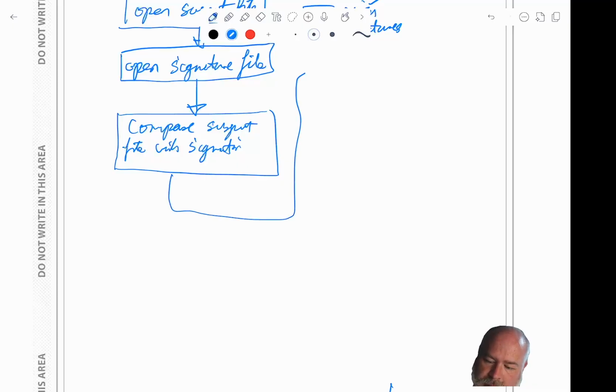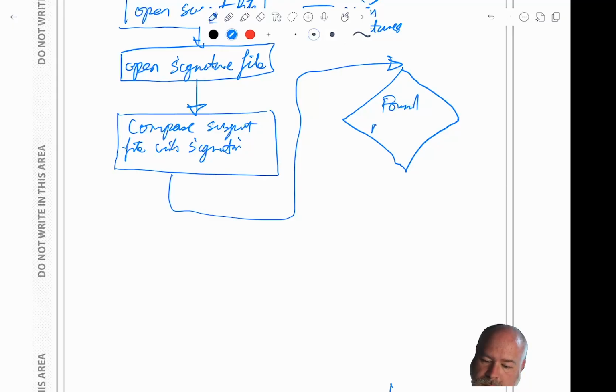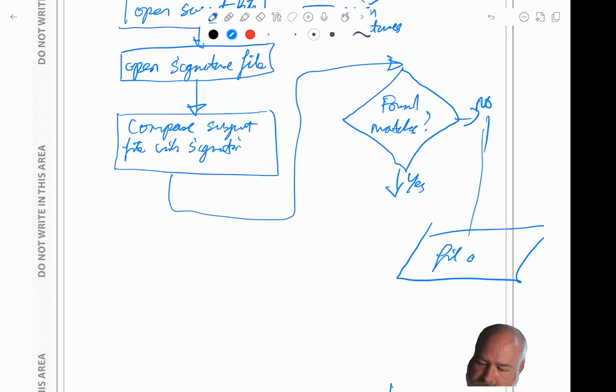Let's go over here, and then all we need to do is to make a decision now. So found matches, either yes or no. Right, yes, or it's no. And if it's a no, put this down here, you can say file is clean and end it. Now this is a parallelogram because we've got output to the system. So I'm just going to put this around here.